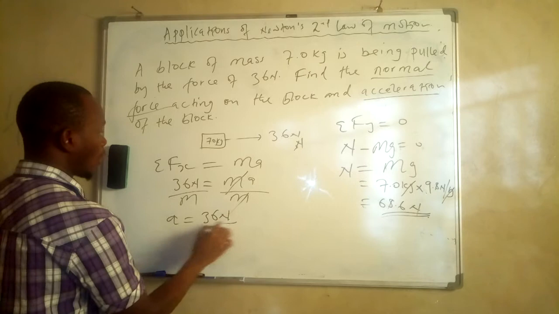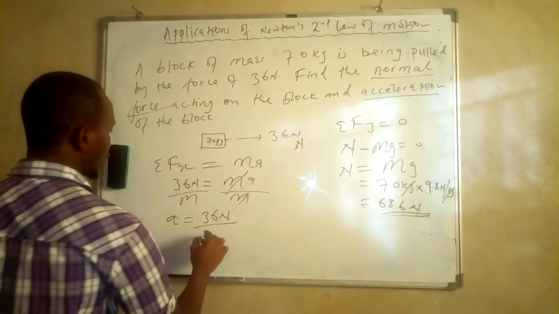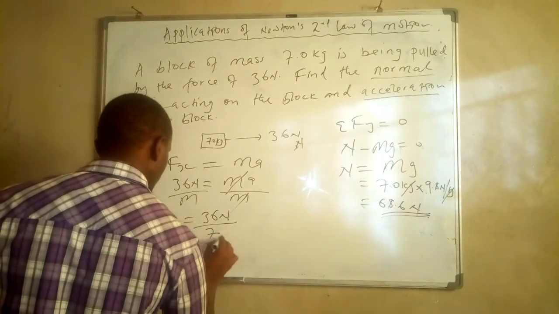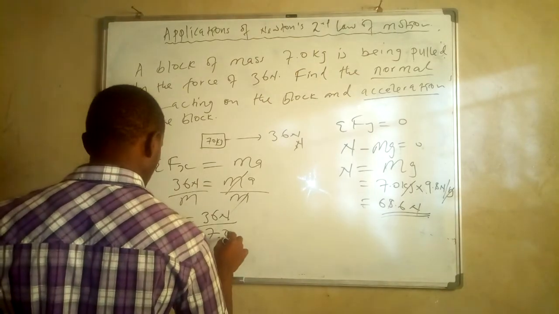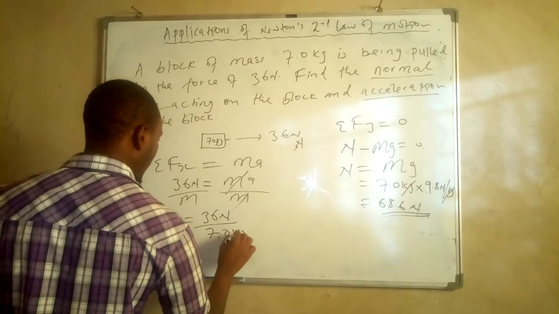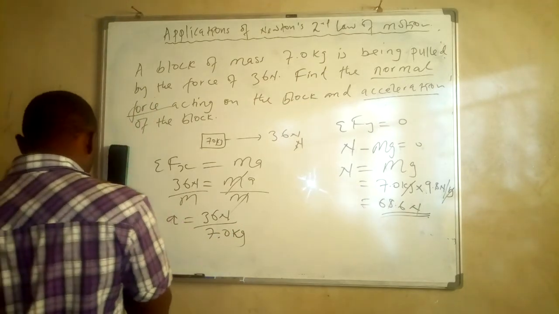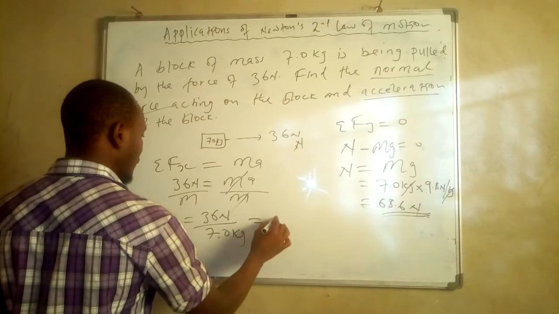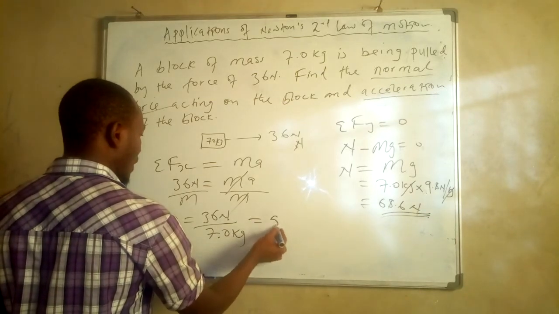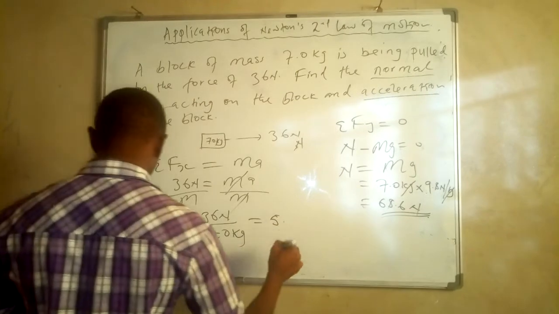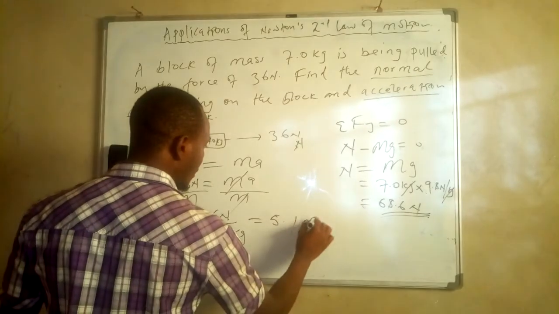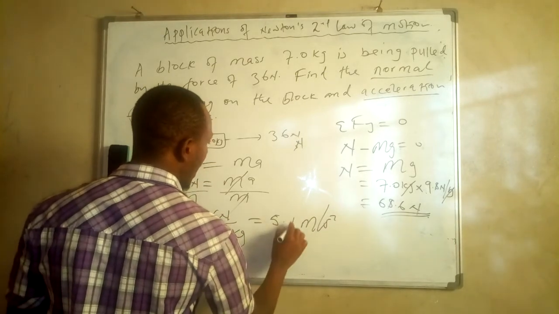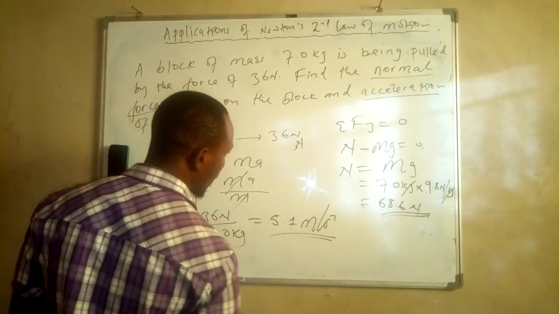And what we're going to have is 36 newtons over the mass, which is 7.0 kg. When we divide that, we get 5.1 meters per second squared as the acceleration of the block.